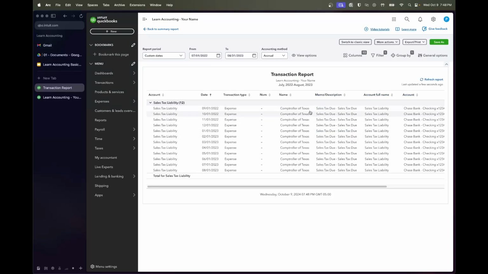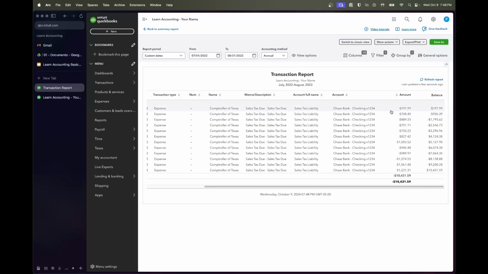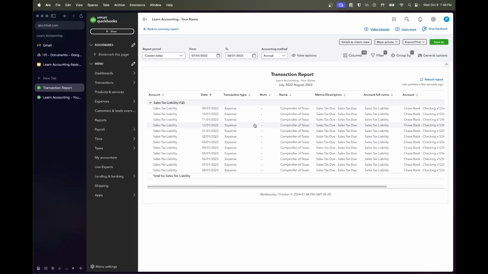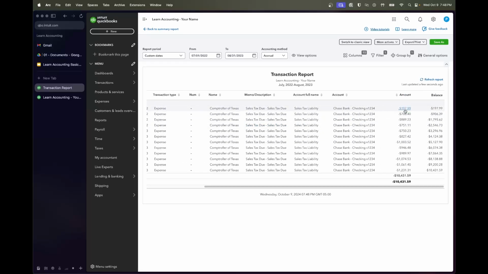But when you have this date range, it gives you all of the transactions that add up to that, right? So these are all of the individual transactions that happen on a month-to-month basis for the sales tax that we're paying to the state, right?